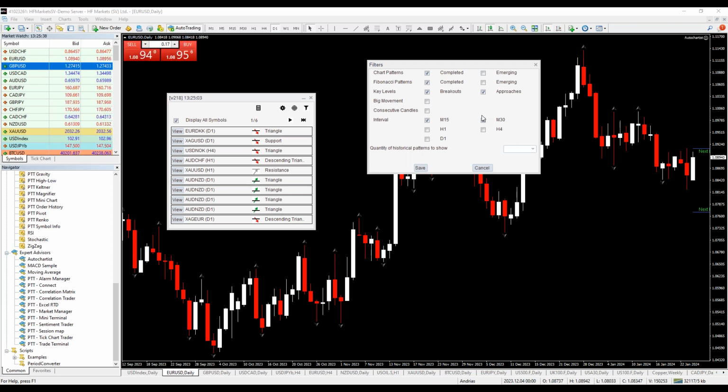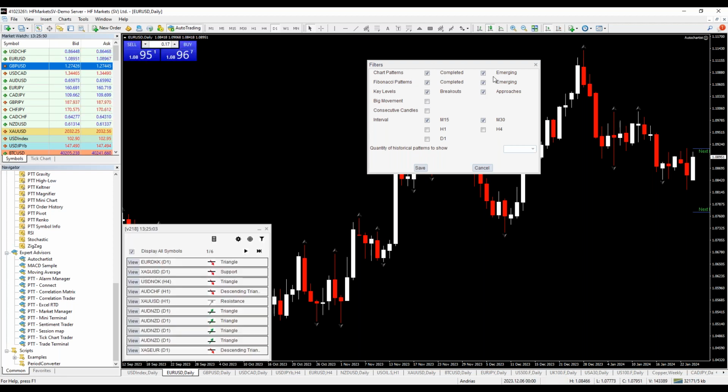So what kind of pattern or key levels you want to use, it's over here. So you need to add a tick on it. Let me just keep 1 hour chart and 30 minutes. Big movements, I don't want big movements. That's my decision. Consecutive candles, yes, save.